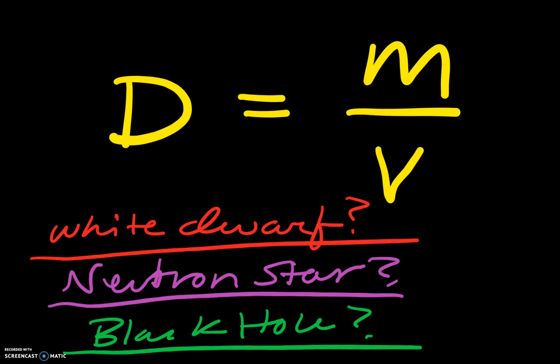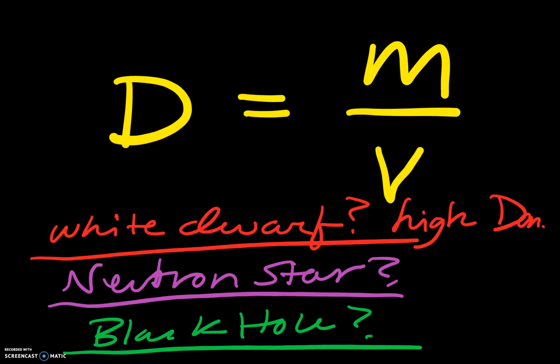Not as high as neutron stars or black holes, but still a large mass. And they take up a very small volume. Again, not as small as neutron stars or black holes, but so they're going to have a pretty high density.